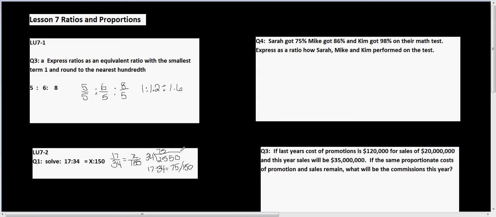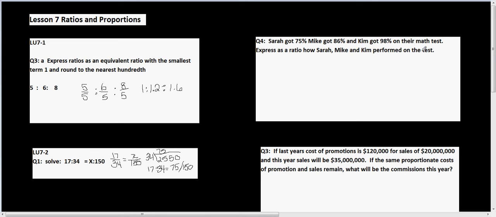All right, let's take another example over here. If we're looking at some students, we have Sarah, who got 75% on a test, Mike gets 86% on a test, and Kim gets 98% on their test. Express as a ratio how these relate to each other.